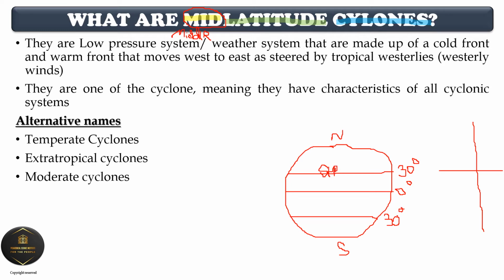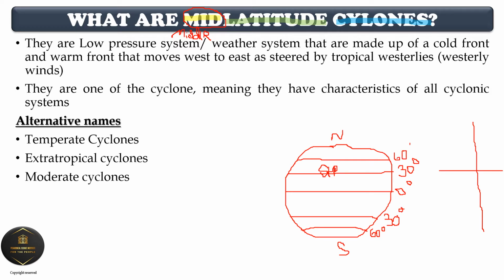High pressure belt, right? And then you were taught that we have another line, and this is at 60 degrees, and we call that line the subpolar low pressure belt. 60 degrees, subpolar low pressure belt.